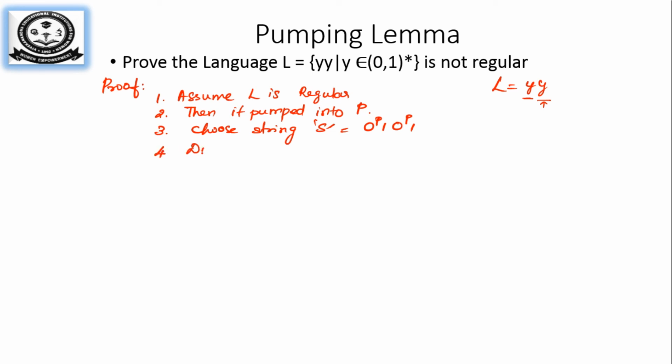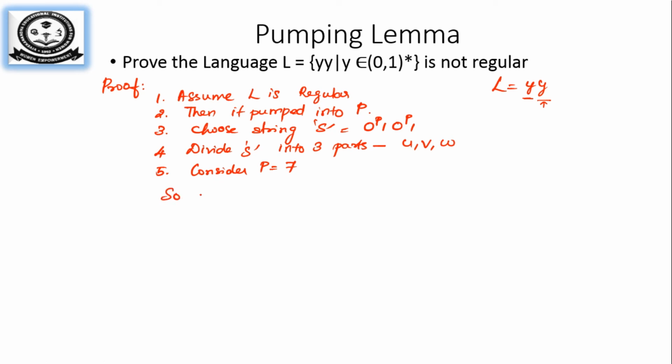Now we have to divide the string S into three parts, that is U, V and W. Let us consider P equal to 7.